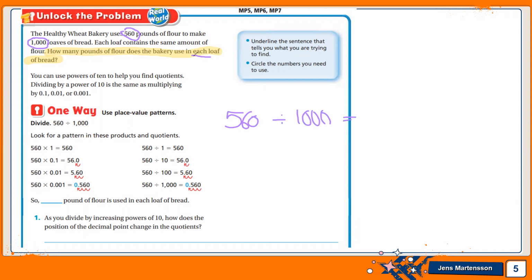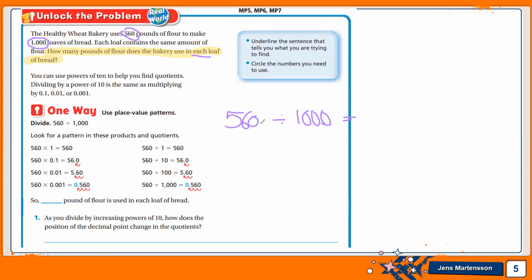First of all, as I told you, I have to check. Do I have to multiply or divide? Divide. So to which side do I have to go, to the left or to the right? To the left. Bravo. So how many digits do I have to go to the left? 3, because I have 3 zeros.